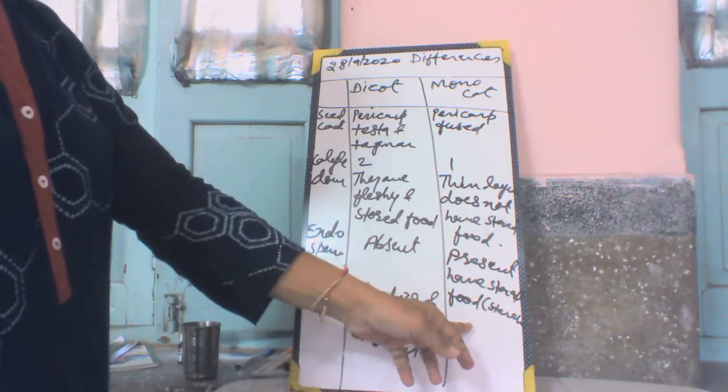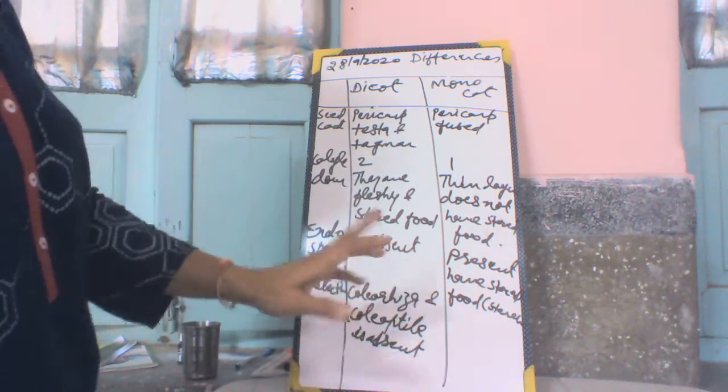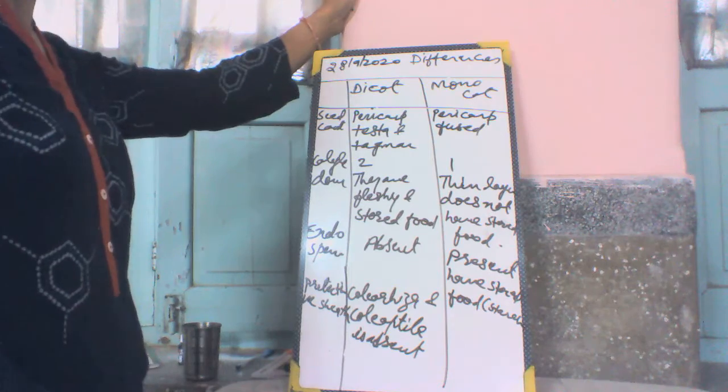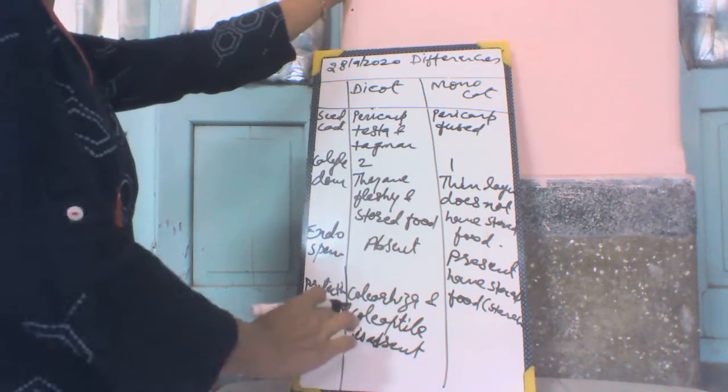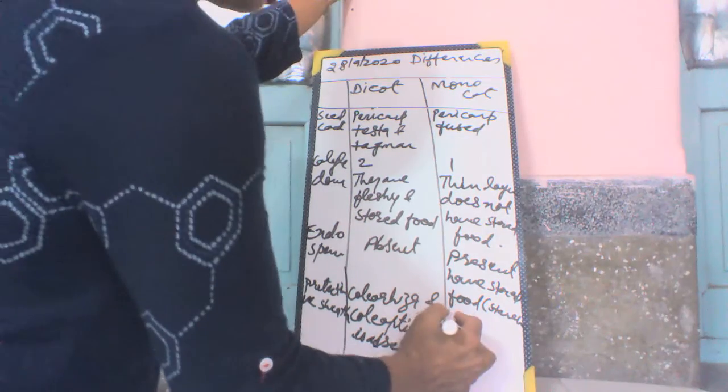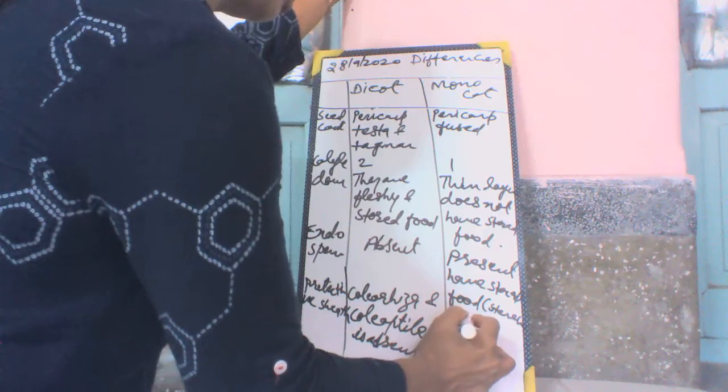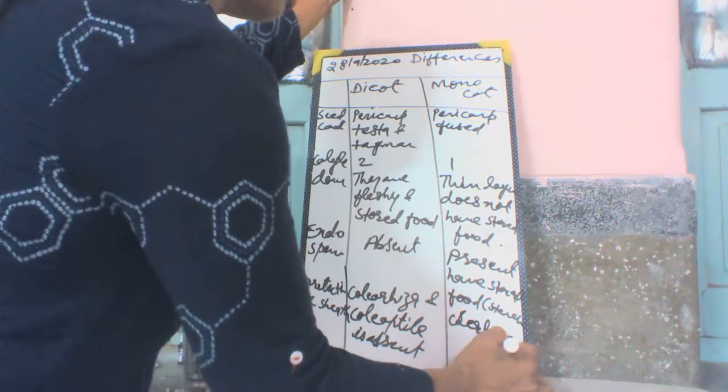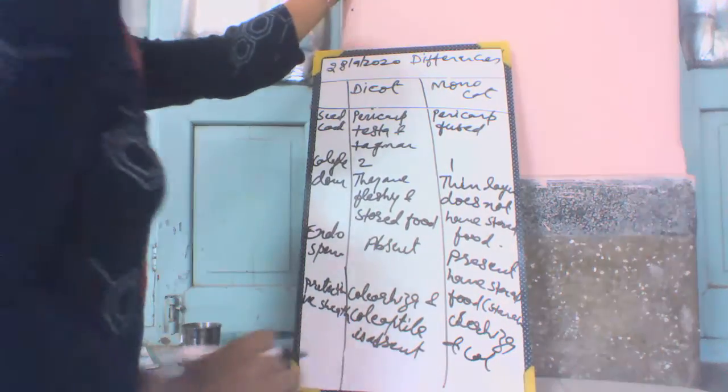Here in monocots, the radicle is protected by the coleorhiza and the plumule is protected by the coleoptile. Coleorhiza and coleoptile both are present.